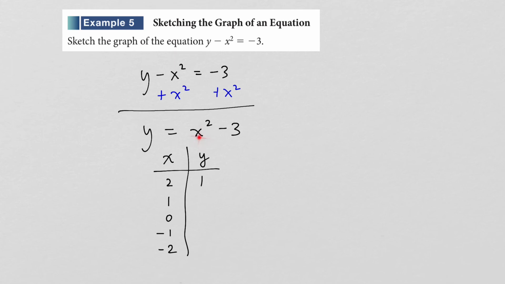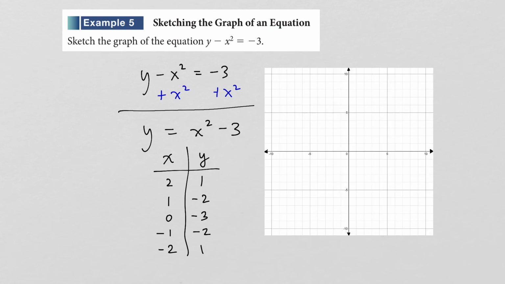If x is 1, 1 squared is 1, take away 3 is negative 2. If x is 0, 0 squared minus 3 is negative 3. Negative 1 squared is 1, minus 3 is negative 2. And negative 2 squared is 4, minus 3 is 1.